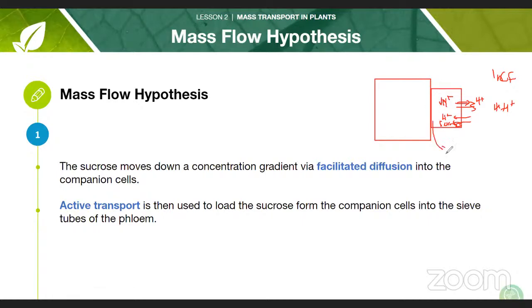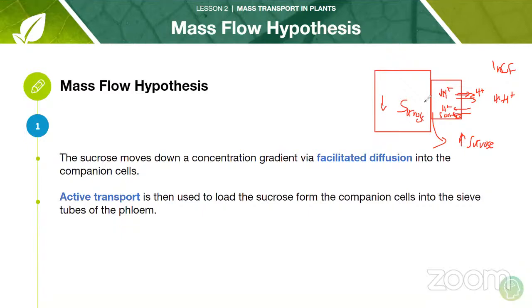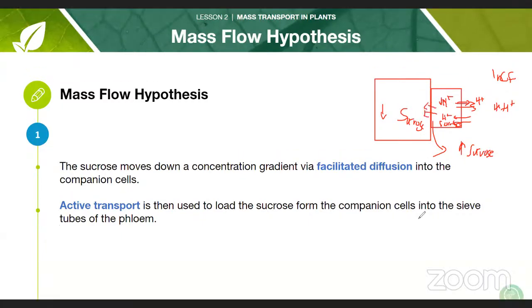That means that inside the companion cell, there's now going to be high amounts of sucrose. There's low sucrose in the phloem because phloem is flowing. So there's always a maintained concentration gradient. Now, quite easily, the sucrose can just diffuse by simple diffusion through the plasmodesmata into the phloem itself.